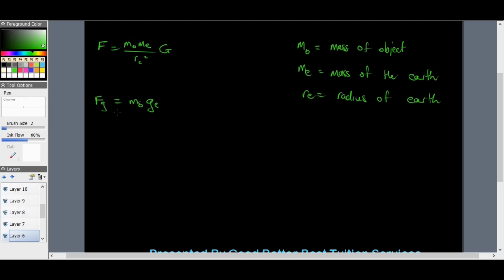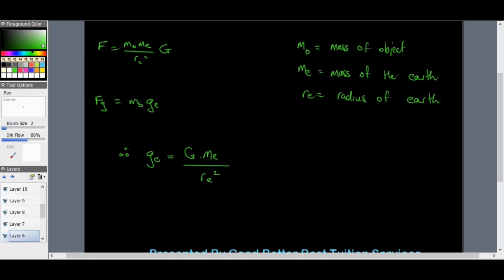If we equate these two things together, we'll form a new formula, which says that the acceleration due to gravity on Earth is equal to the gravitational constant times the mass of the Earth, all over the radius of the Earth squared. What does this mean?